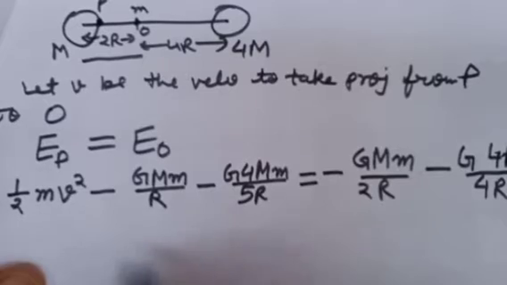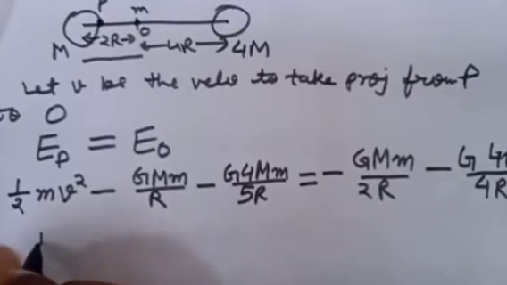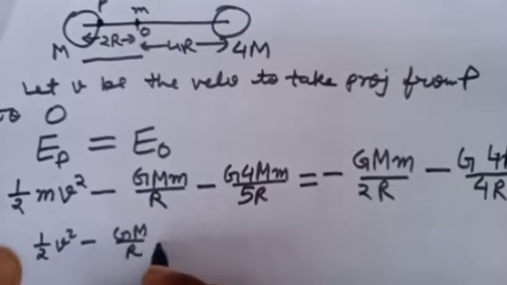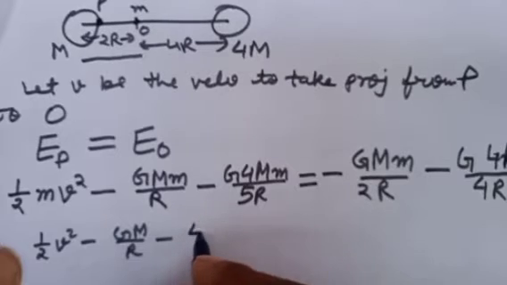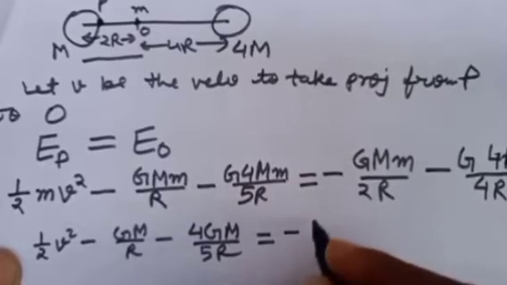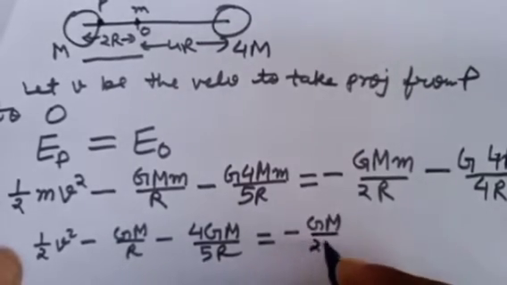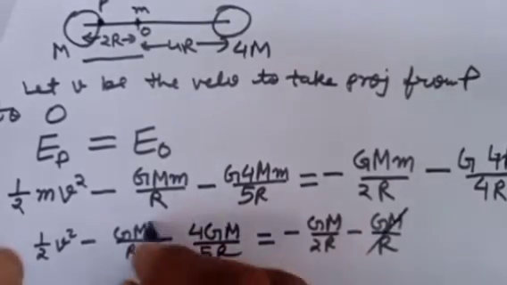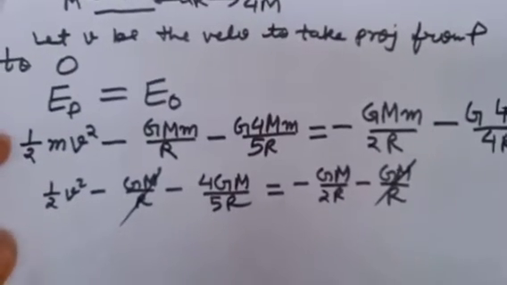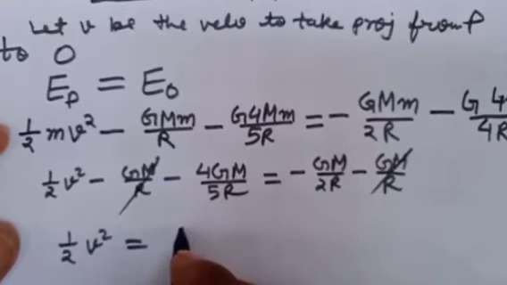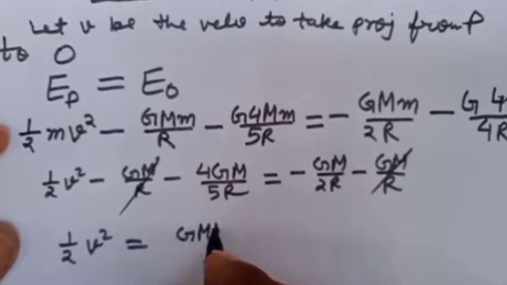Now we can solve it. M cancels throughout, so I am not writing it. Gm upon r minus 4Gm upon 5r equal to minus Gm upon 2r minus Gm upon r. Cancelled, and that's all. We are very close to solving this question. It was a very lengthy question, actually not a difficult one, but lengthy.